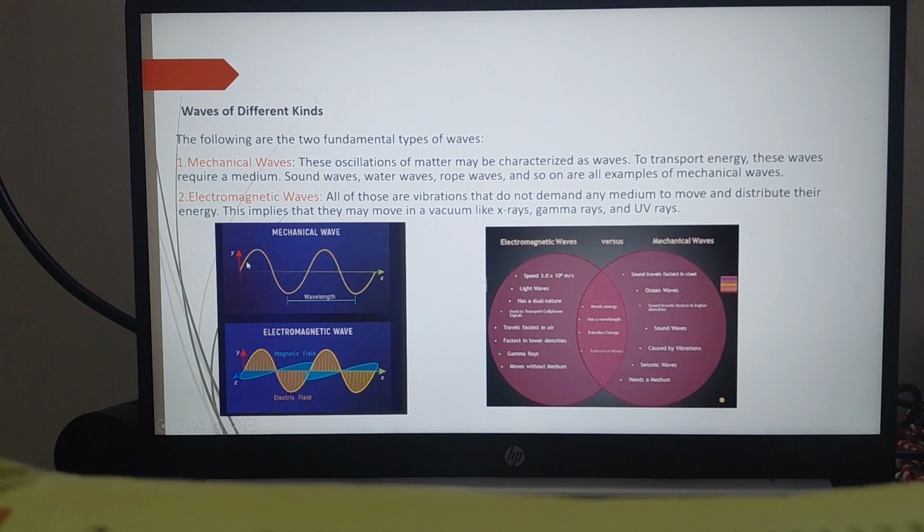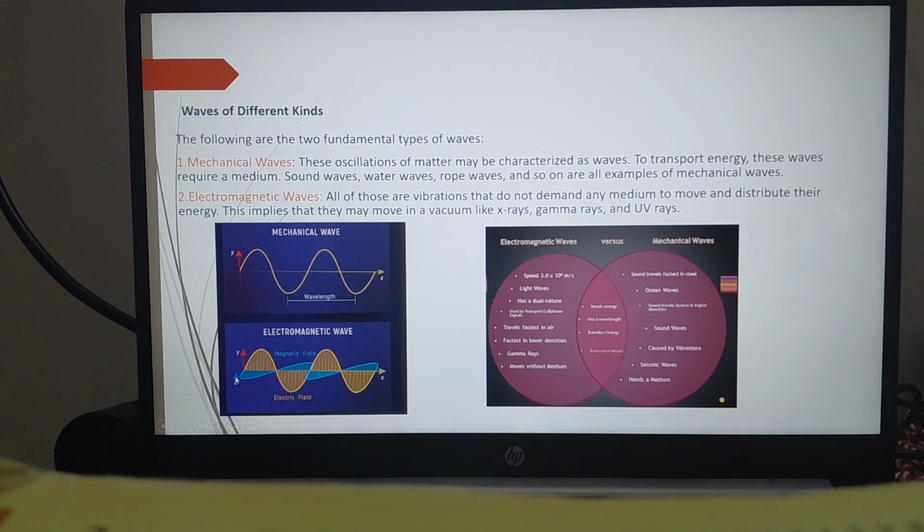The wave travels through the axis, and it needs one medium here. In electromagnetic waves, they don't need any medium, but they can distribute the energy. See, here are the directions.